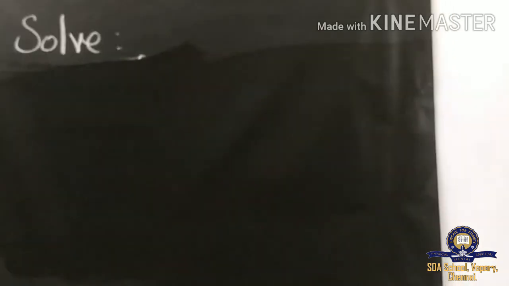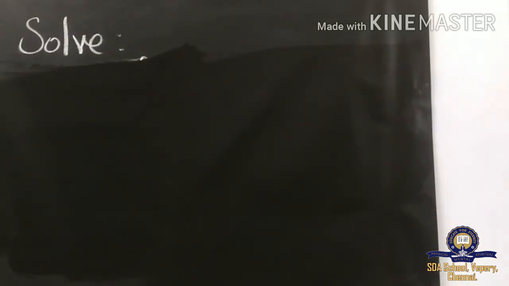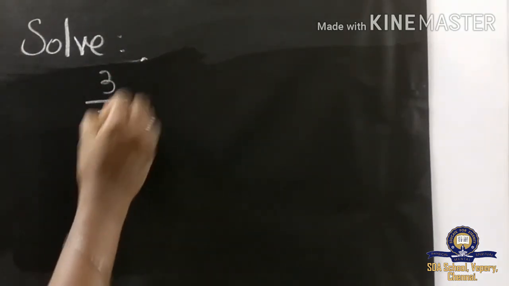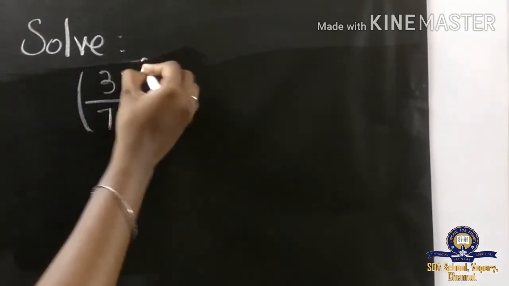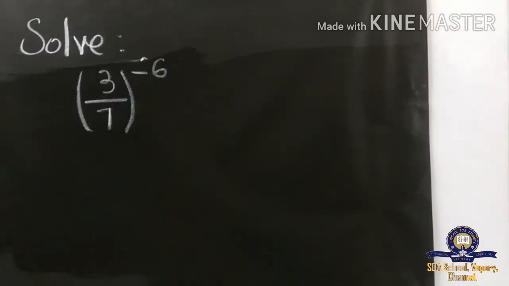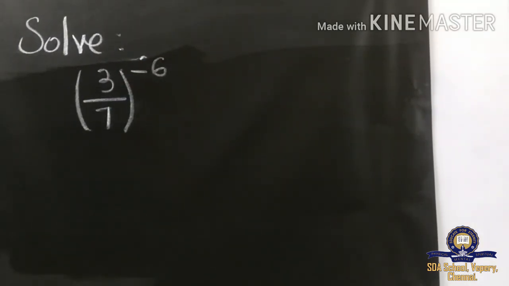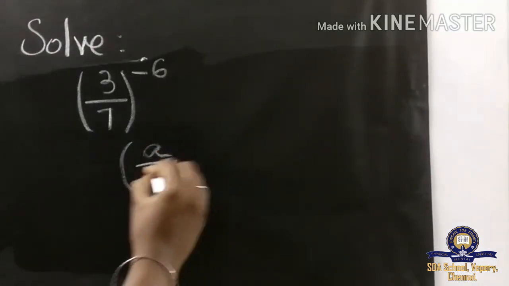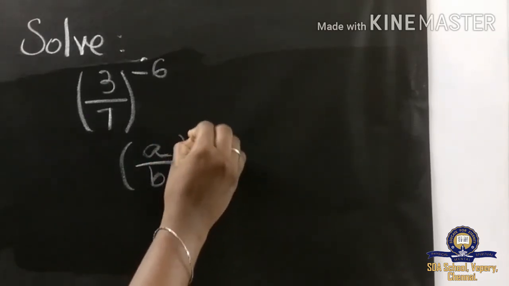Let's see one example. Here the given value is 3 by 7 the whole power minus 6. There is a rule for this form: a by b the whole power minus m.